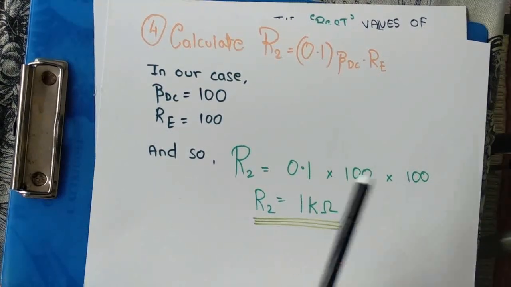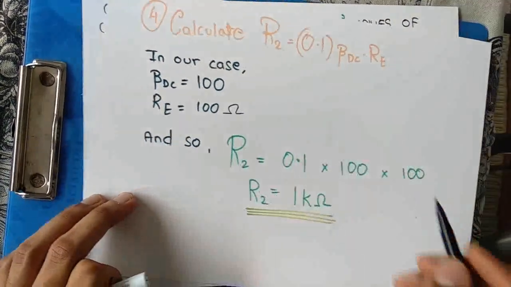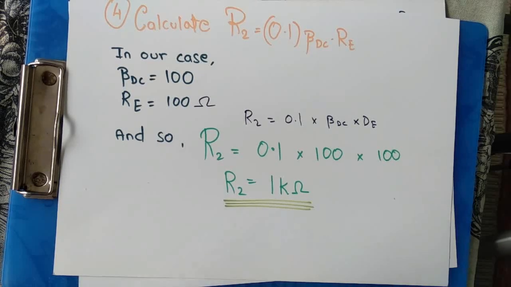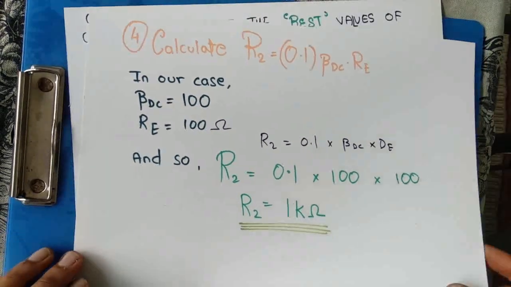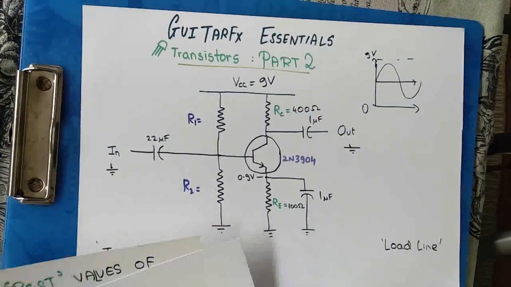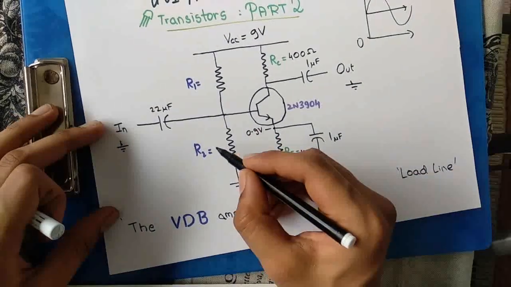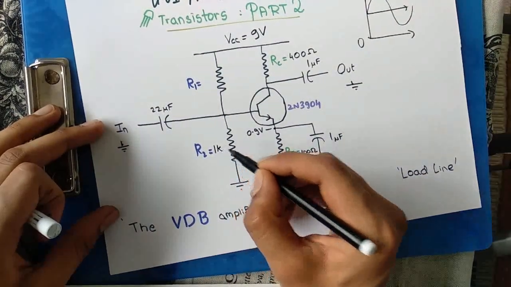We have to make a guess, and RE was 100 ohms, as we found out. And 1 kilo ohm is a standard value that we can find, so we don't need to modify it in any way. So now we also have the value of R2, and that is 1 kilo ohm.